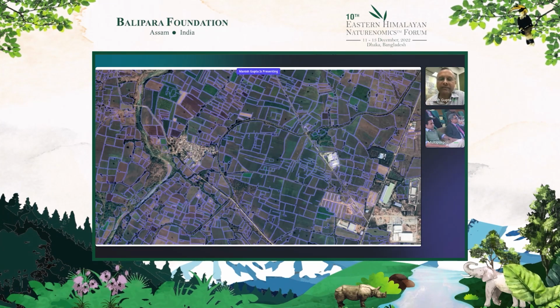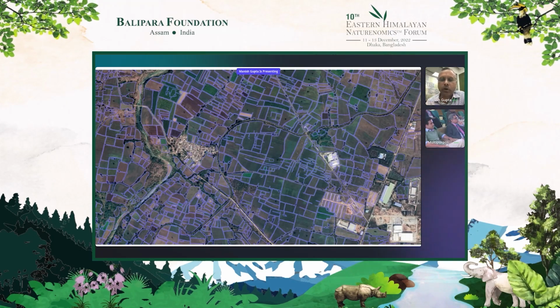So just very briefly, these are some views from the tool that we have built, where simply by analyzing satellite imagery we are able to zoom down on any given region.